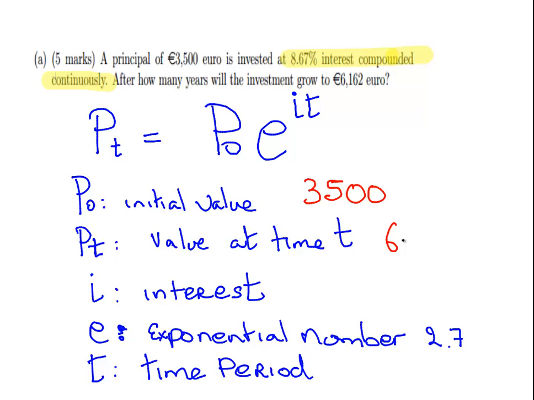Pt is 6,162. The interest rate we'll write in decimal, so 0.0867. The exponential number is not a variable, and t is what we're interested in, so we'll put a question mark there. We're going to use this formula to calculate t.